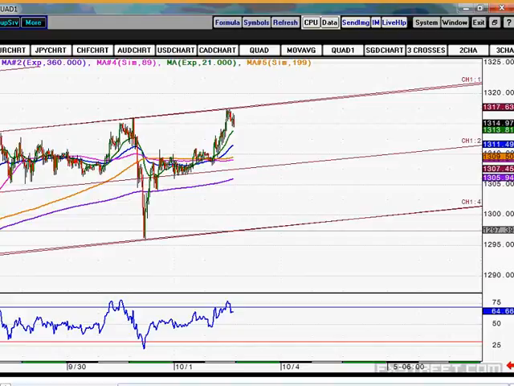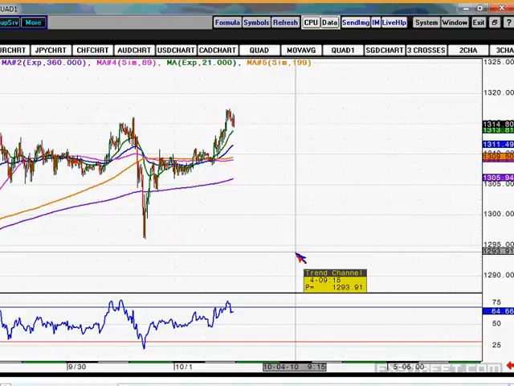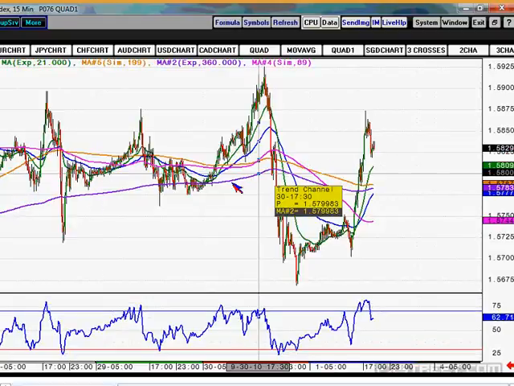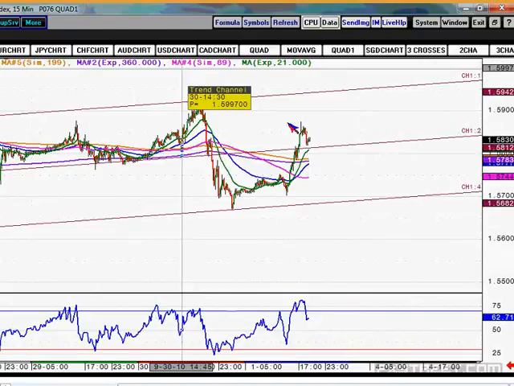Your view on pound, I think I already told you. Whenever the market is trading within a range, let me show you the chart. For example, at this particular moment, the best thing to do is trade within the bands or within the channel.